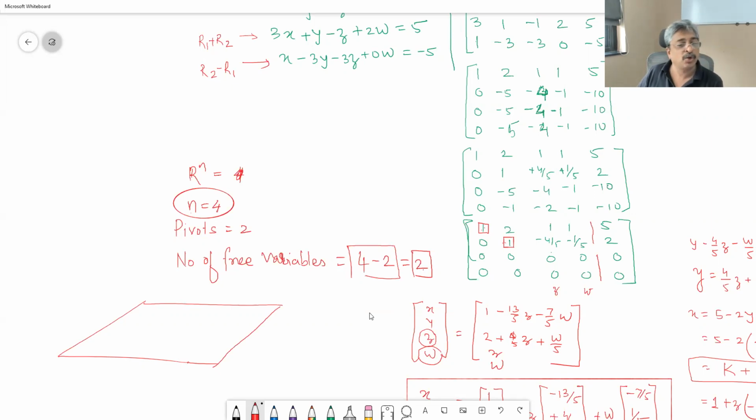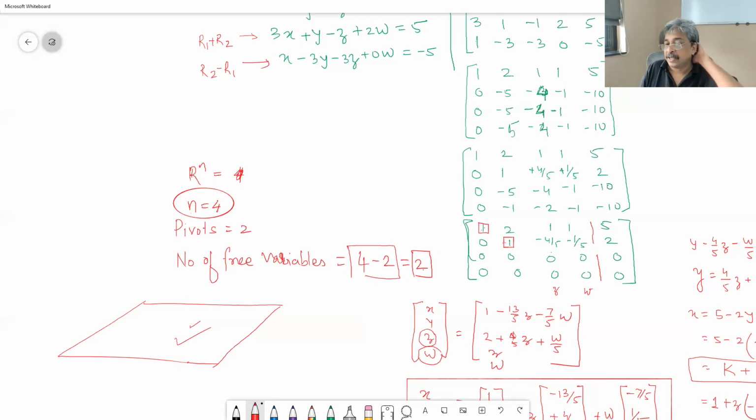Therefore the eventual solution set that we get is two-dimensional, which is plane. In the earlier example, only one free variable, therefore the solution set we got was one-dimensional. That means it was a straight line, which was the solution set. Any point on that straight line would satisfy the given system of equations. Here, any point on this plane will satisfy the given system of solutions.